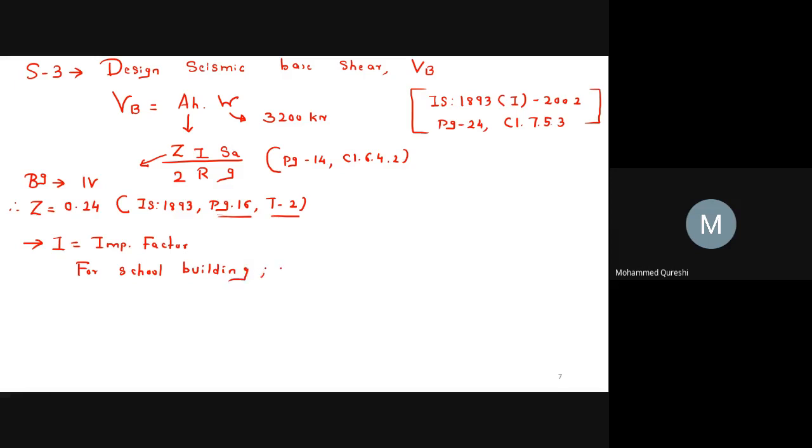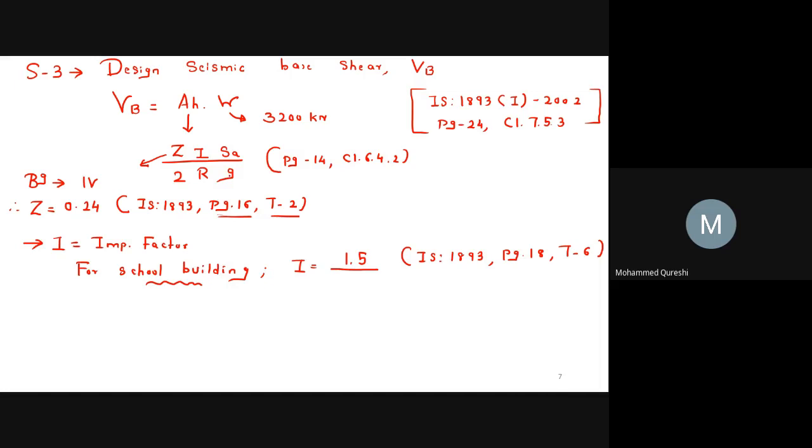So, for a school building, the value of I will be taken from IS 1893 Part 1 2002, page number 18, table number 6. So, for a school building, you will get the value of I as 1.5. So, we got the value of Z as 0.24 and the value of I as 1.5.